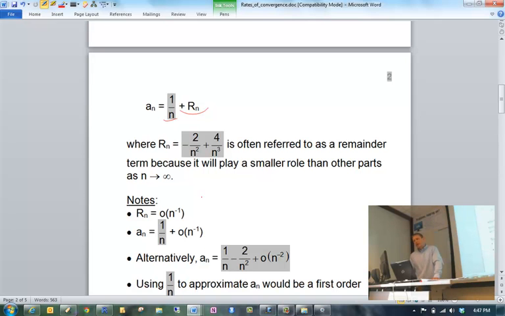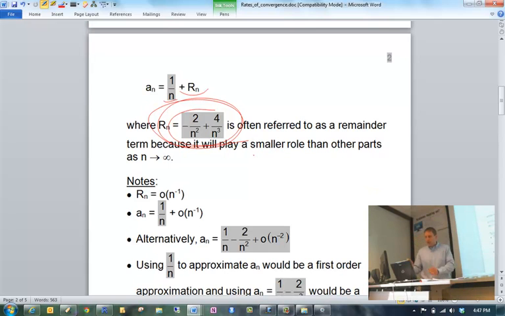The reason you see that is because this part plays a much smaller role in determining A sub n than the 1 over n part, because the stuff in the remainder goes to 0 faster.